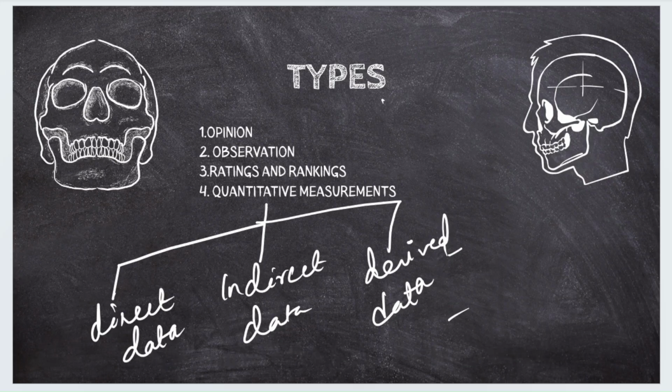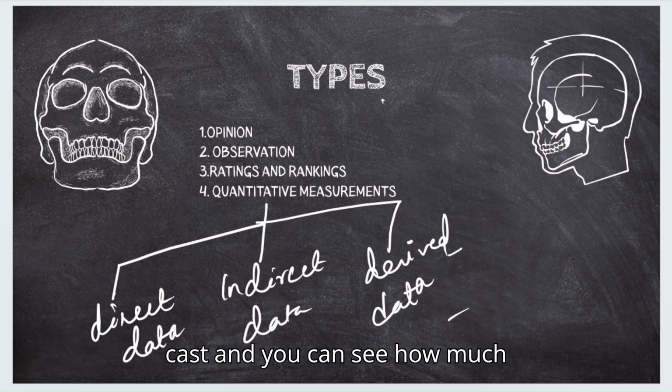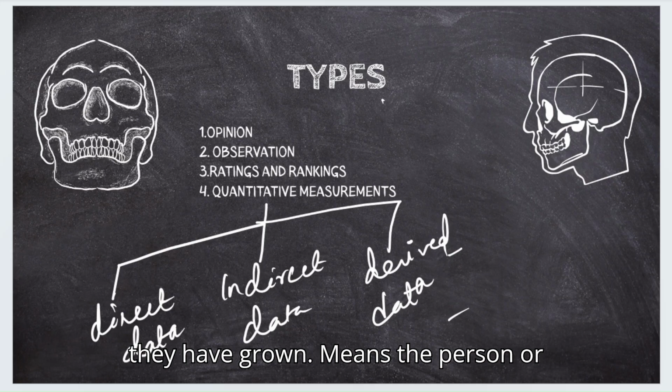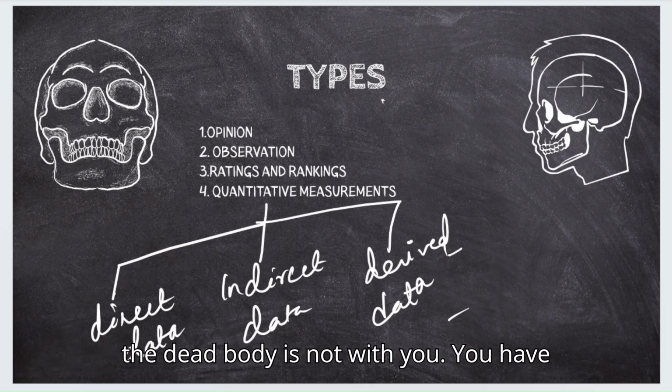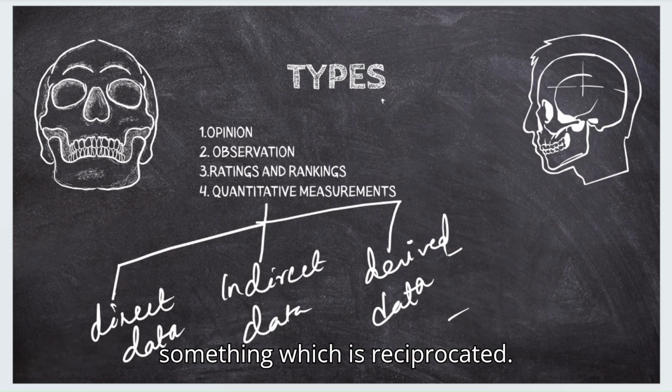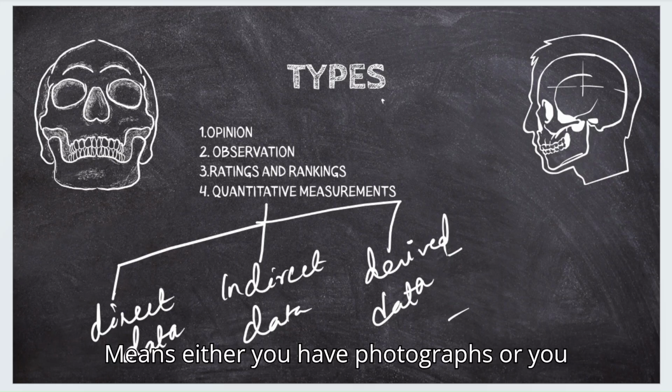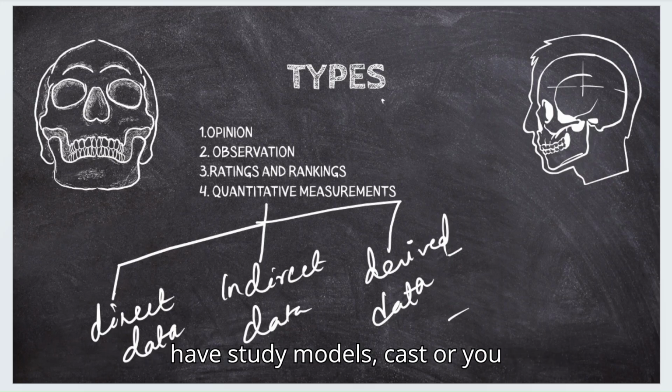Indirect data means you have a photograph or radiograph, x-ray, or a dental cast, and you can see how much they have grown. Means the person or the dead body is not with you. You have something which is a reproduction, either photographs, study models, casts, or x-rays. From that you get indirect data.